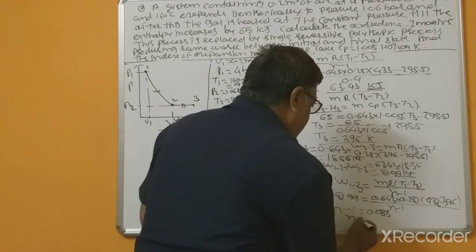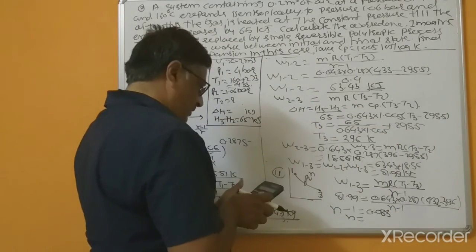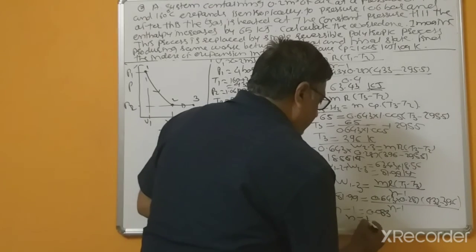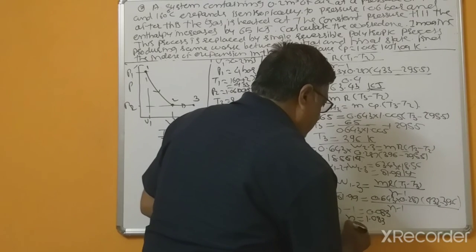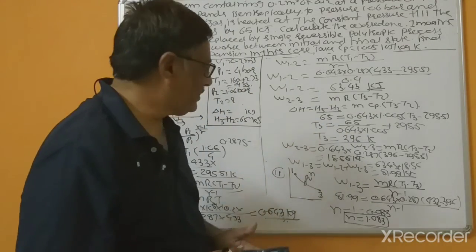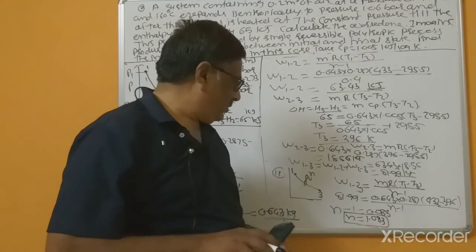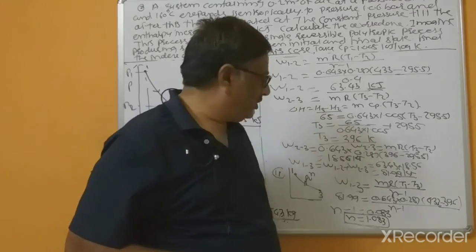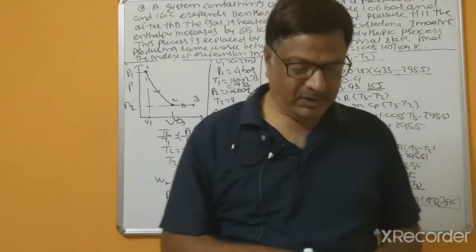So n equal to 1.083, and this is your expected answer; it has no unit.